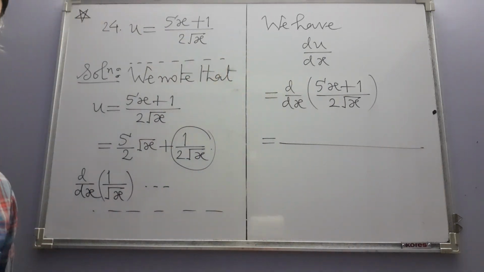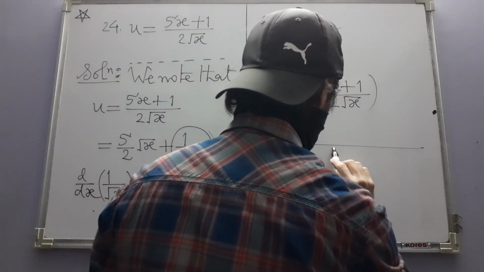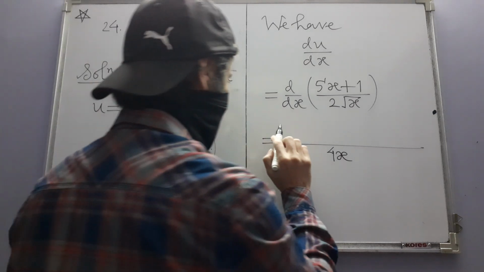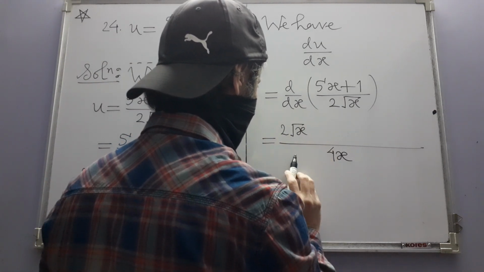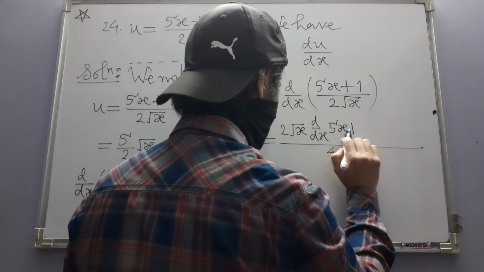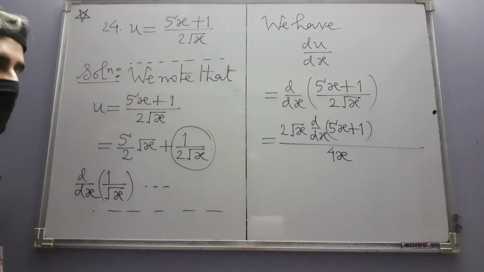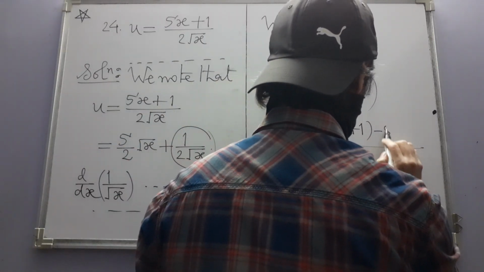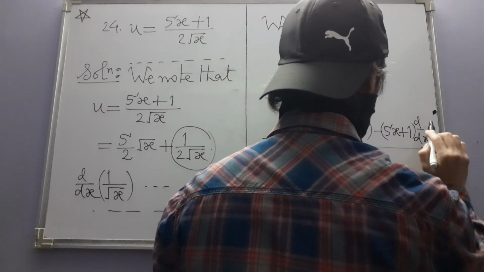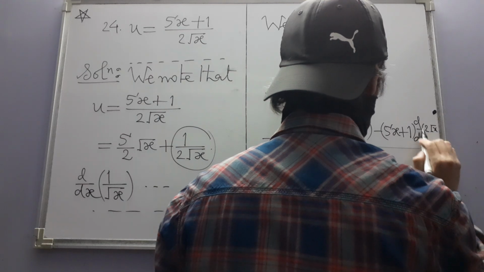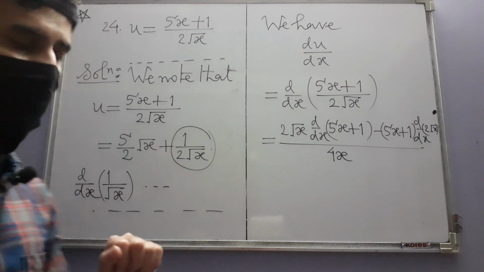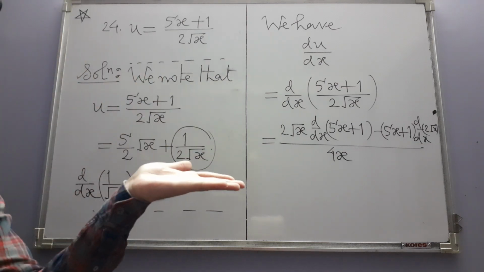So you square the denominator, that will give you, let me write straight away, 4x, and then you keep the denominator intact first, and differentiate the numerator, and then you keep the numerator intact and differentiate the denominator, 2 root x. So although we have root x here, at least we know its derivative. So we do not encounter this problem with this method.